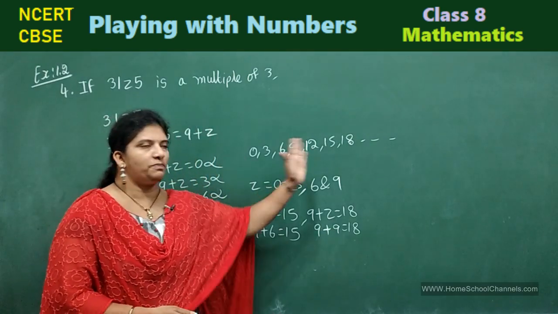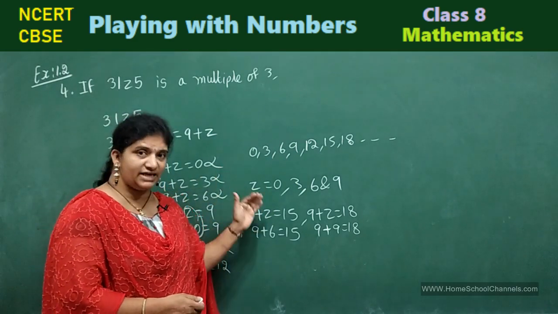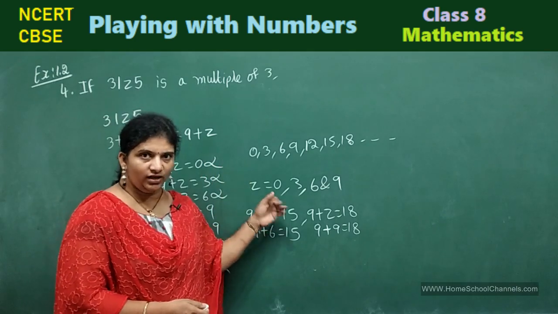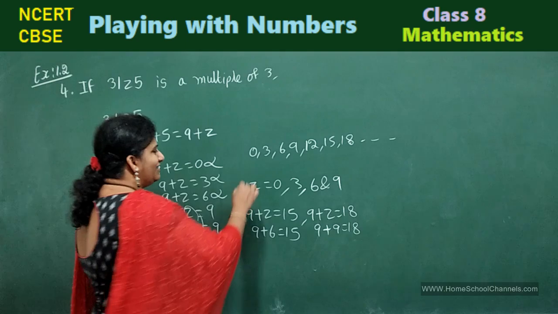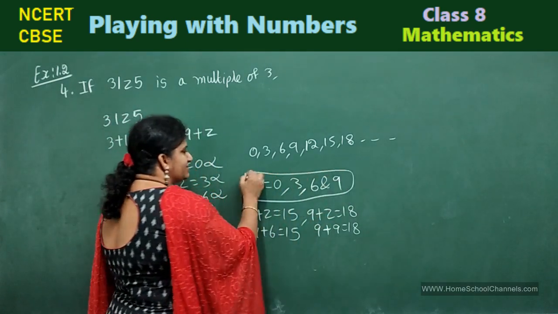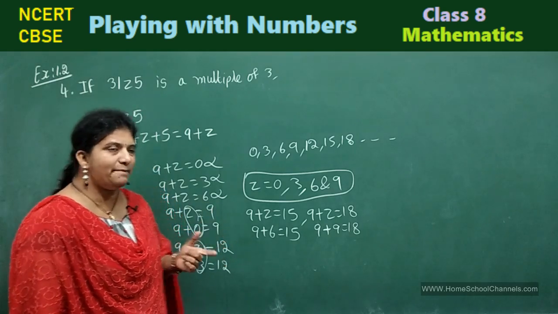So I will stop here and I can say that the z value might be either 0, or z equal to 3, or z equal to 6, or z equal to 9. These are your answers. And you can guess the numbers. What are the numbers?